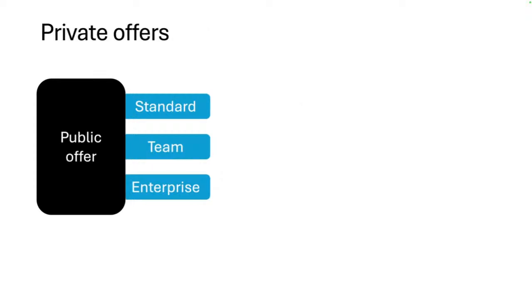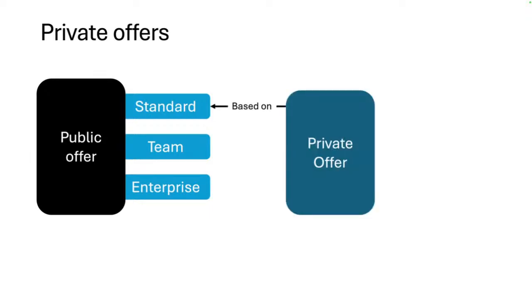Okay, private offers are a whole other topic, but they're really cool because they enable you to sell with negotiated pricing and make custom deals with your customers. And you can package accordingly the entire offer that you want to make available to them. Now, private offers enable you to include specific plans, for example, the standard plan from our original offer.